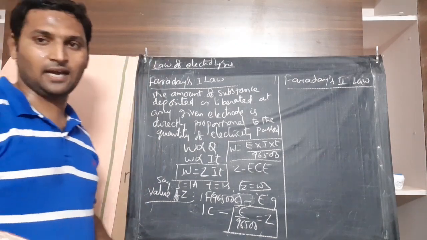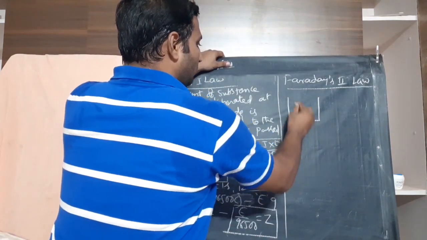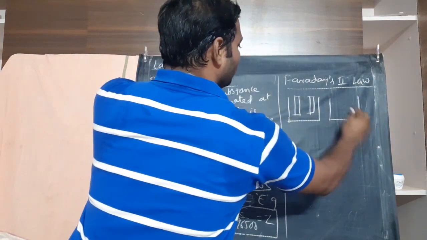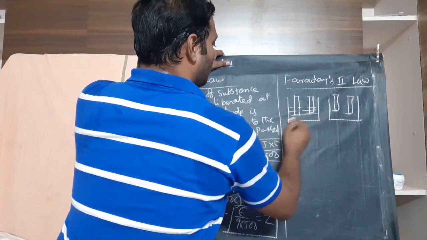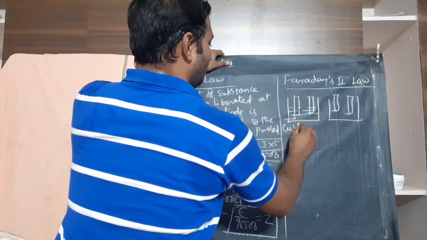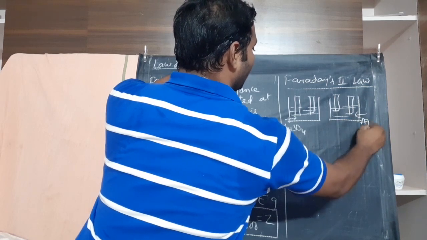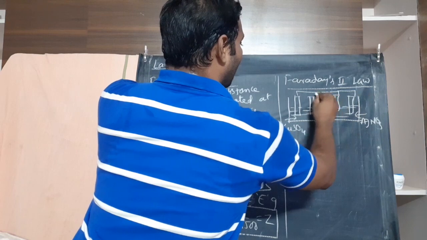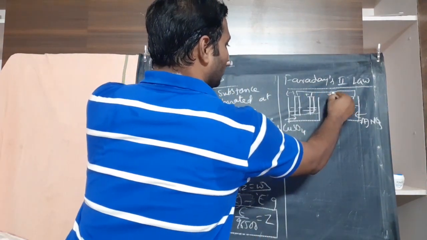Now Faraday's second law. What does it say? Assume there are two electrolytic cells. In one of them I am electrolyzing copper sulfate solution. In the other one I am electrolyzing silver nitrate solution, for example. And they are connected in series to the same battery: cathode, anode, cathode, anode.